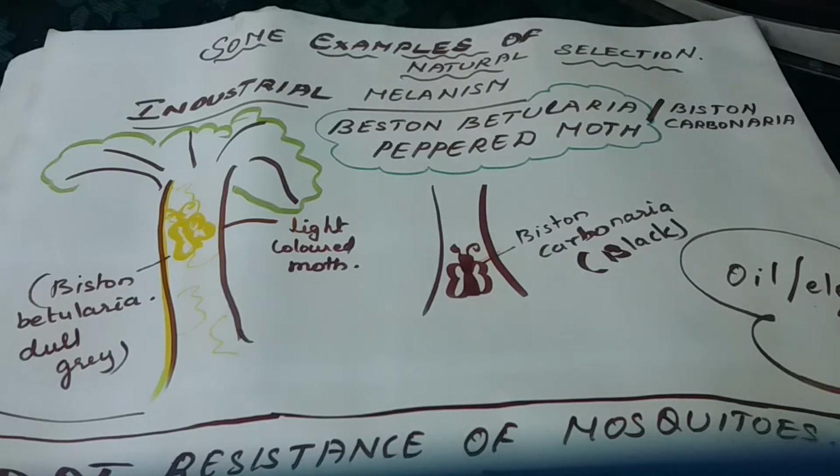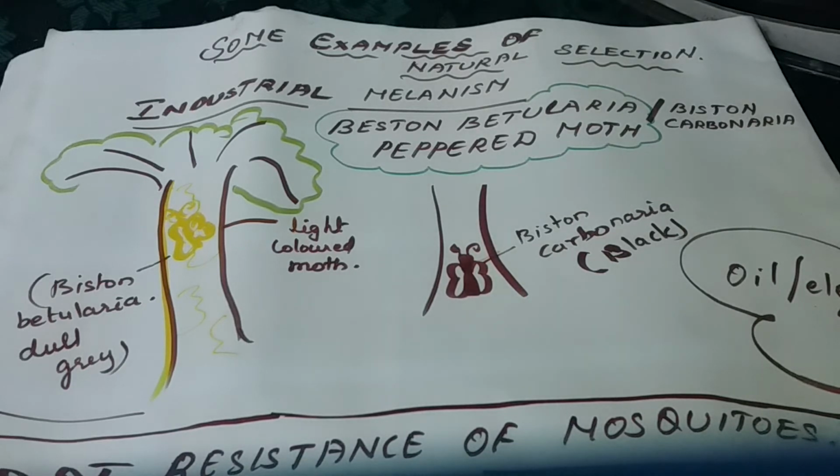So what happened? Biston betularia was resting on the lichen covered trunks of oak trees. At that time, the black colored mutants of the moth, Biston carbonaria, were very rare. However, within a couple of 100 years, the population of the black mutant increased to about 90%.